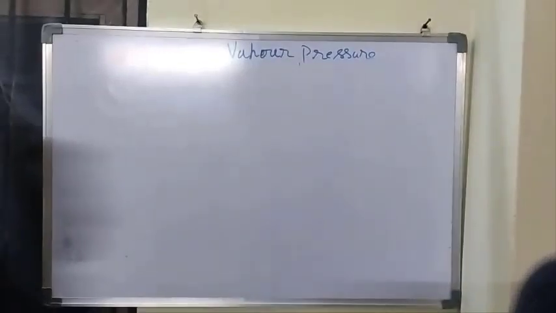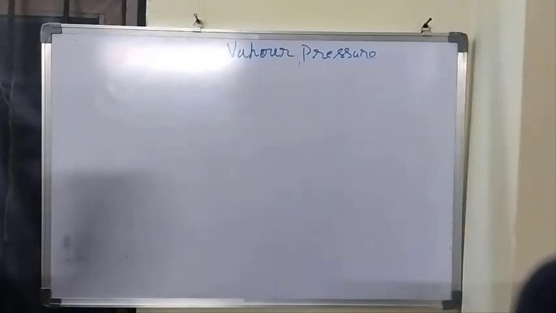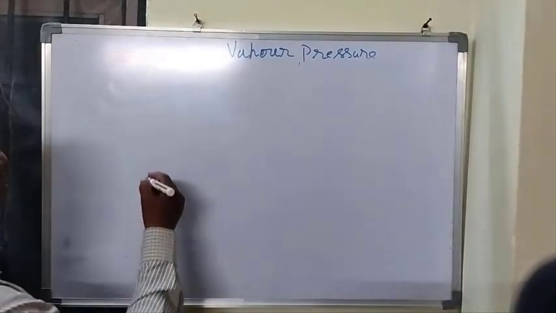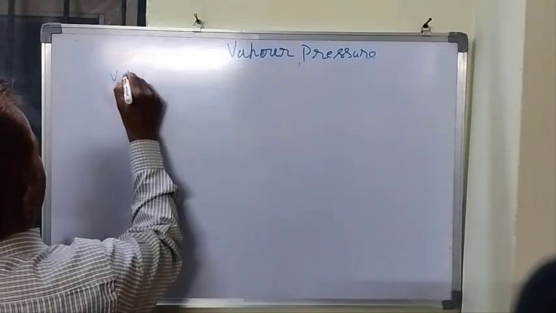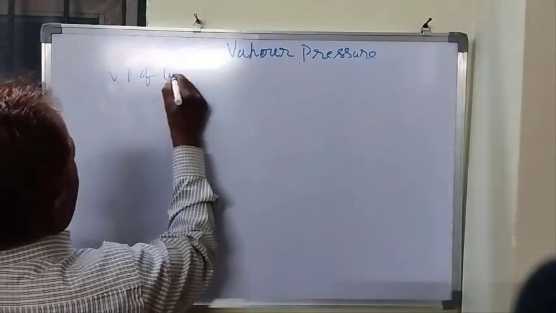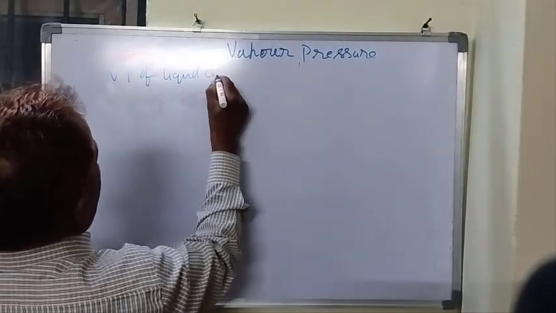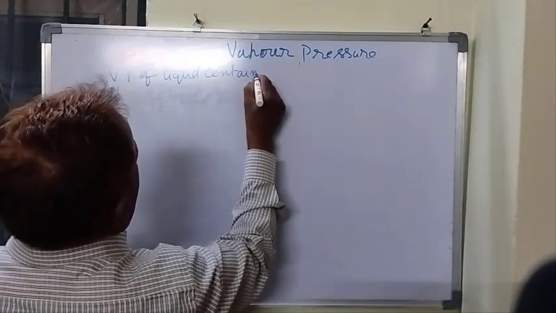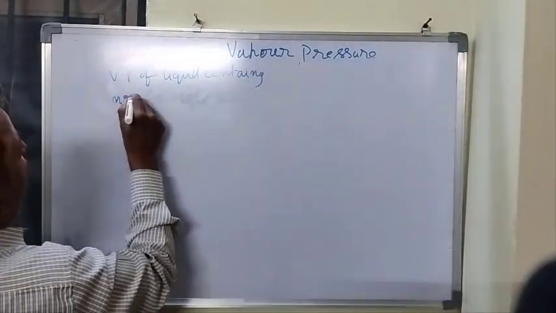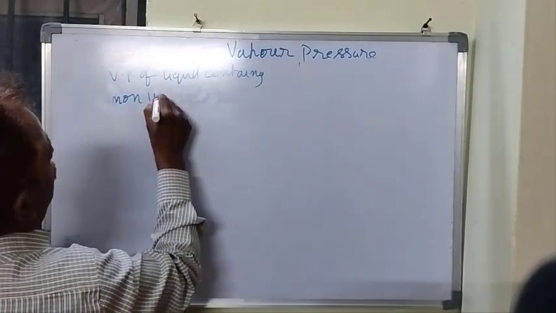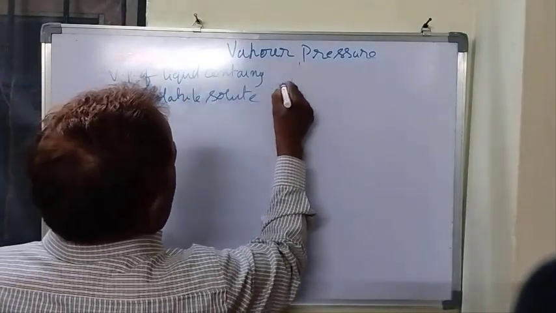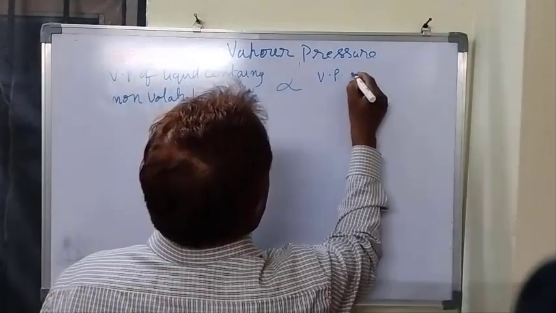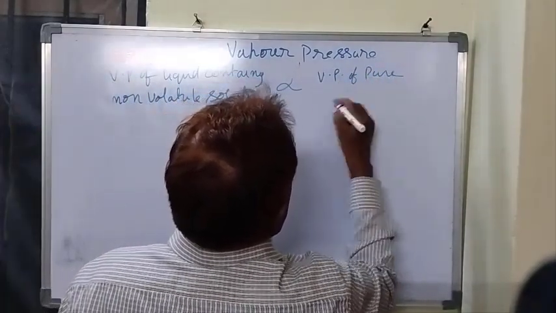So whenever a volatile or non-volatile component is mixed with a solvent, the vapor pressure of the liquid containing the non-volatile solute is proportional to the vapor pressure of the pure solvent.